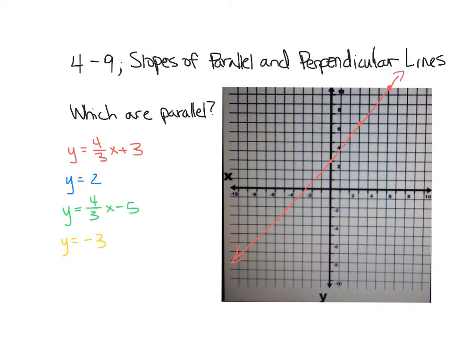Maybe it's not perfect, but my lines aren't going to be. What are you going to do? Then you have blue, y equals 2, so you have a point at 2, and this line extends right and left. Then the green one, first point's at -5, and then you go up 4 over 3.